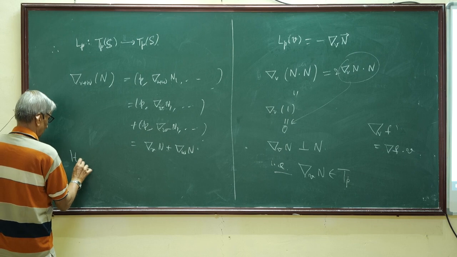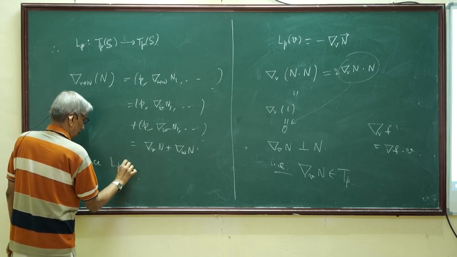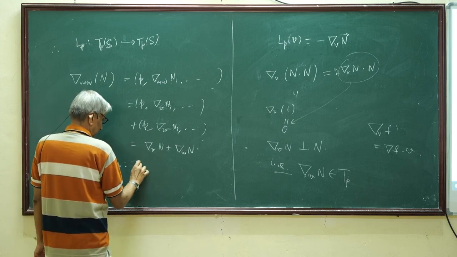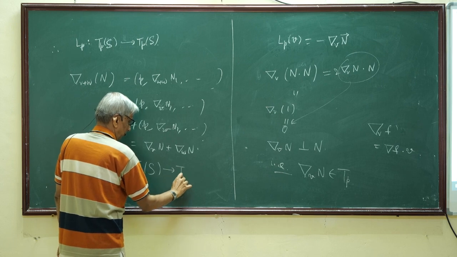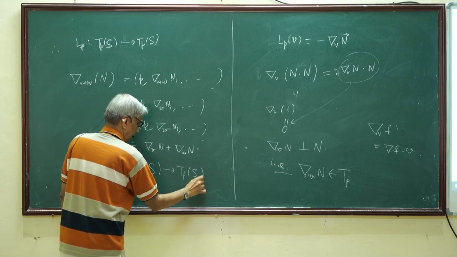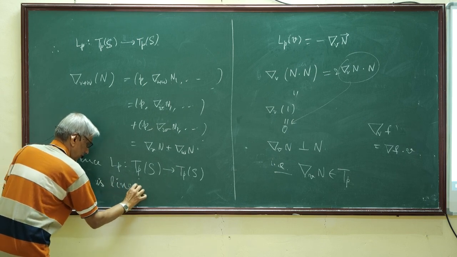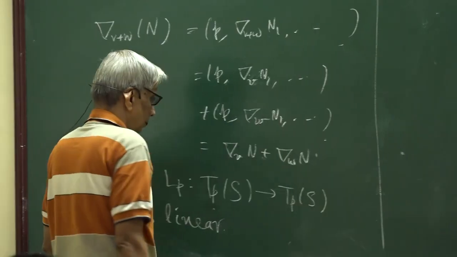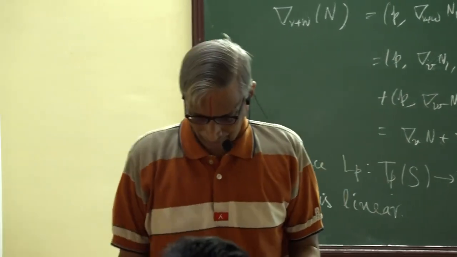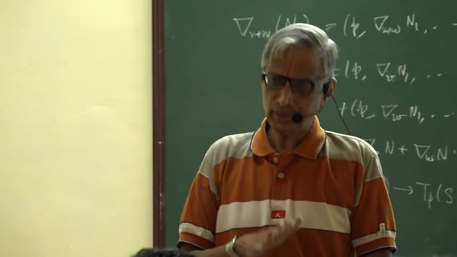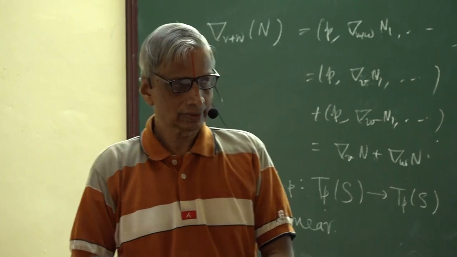And so on the tangent space at each point of the surface, you have a linear map like this.